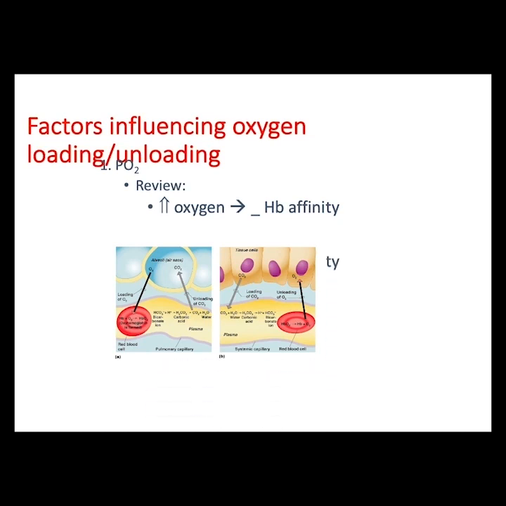When you get to the tissues, hemoglobin is going to unload oxygen molecules, and with the unloading of each oxygen molecule, the affinity of the hemoglobin decreases, leading to the unloading of oxygen.